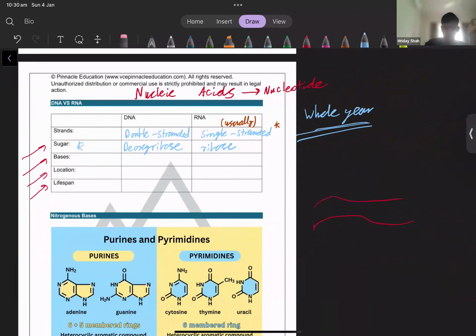So that is an example of a concrete difference. There is no scenario where the sugars can be flipped around. So if you see this strand has deoxyribose sugar, you know for certainty it has to be DNA.